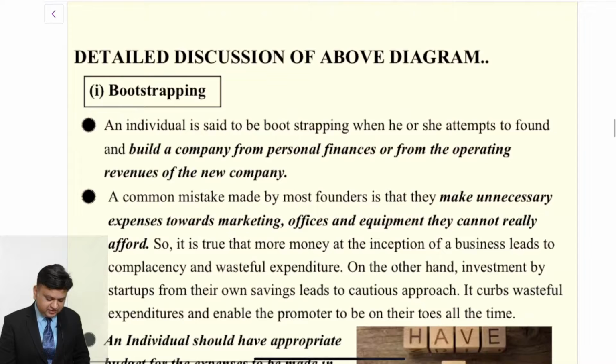So let us start with the very first, bootstrapping. See over here, they have provided a certain explanation like this. If you are starting a new venture, that is your startup business, then initially you should not be too optimistic and you should not make too much investment in your business, because if more and more capital is invested in your business, the risk will increase.